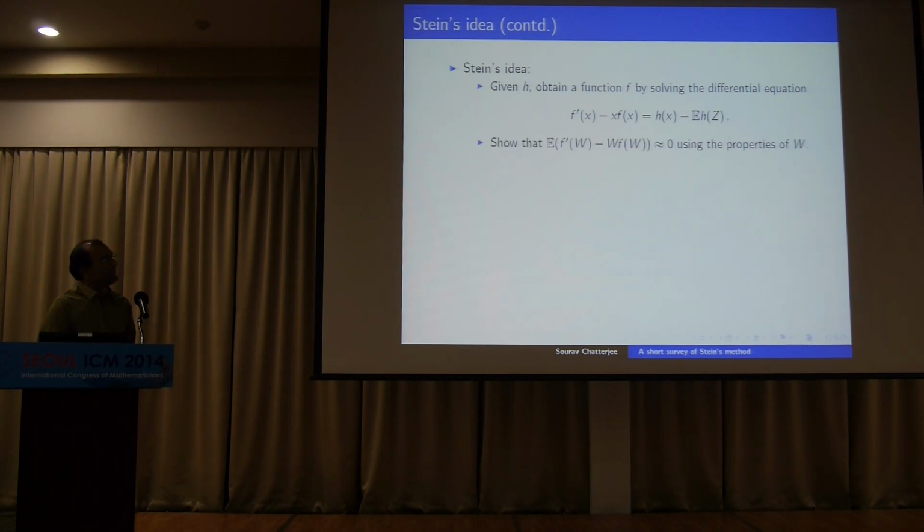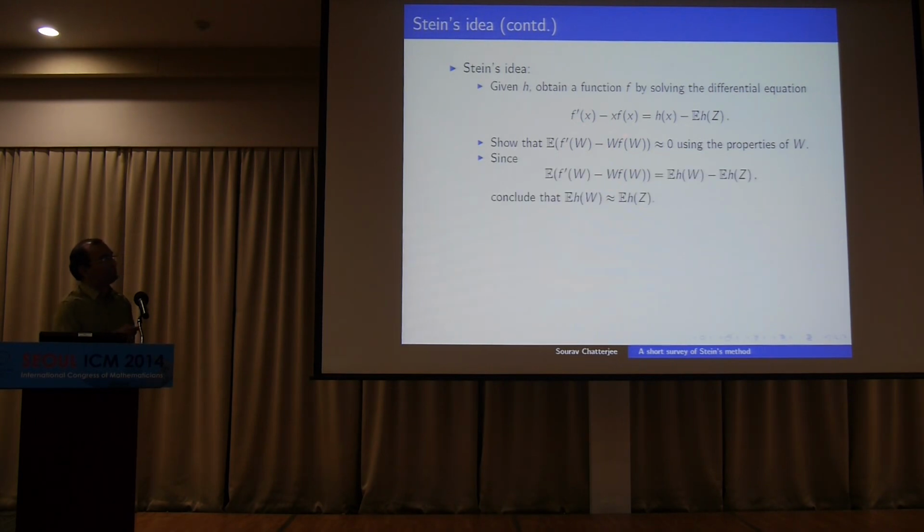Okay. And then what you do is you show that for your given W that you're trying to show to be approximately normal, you have that for this f, the expectation of f prime of W minus W f of W is close to 0, using some properties of W. Try to show that. Okay.